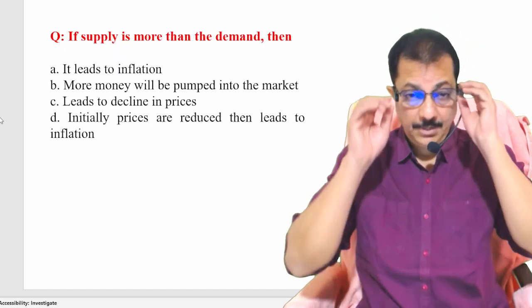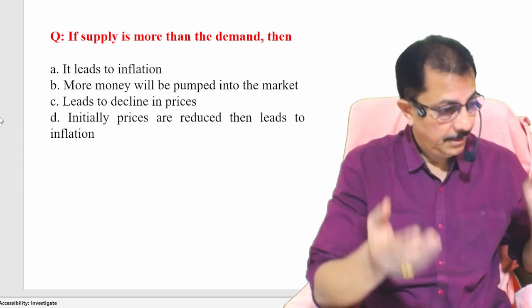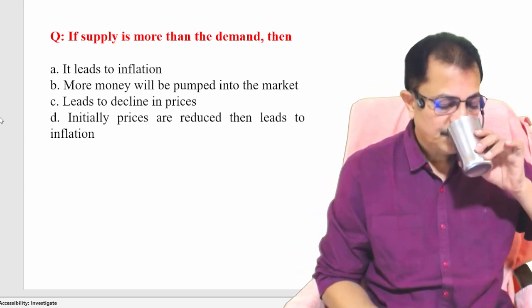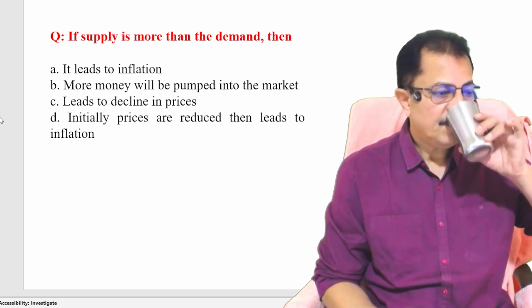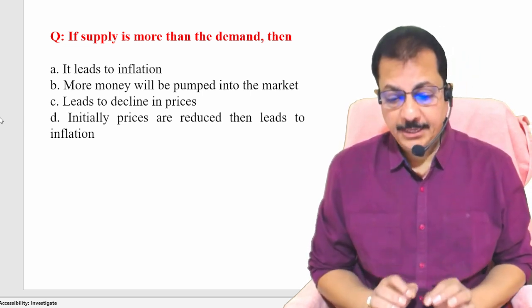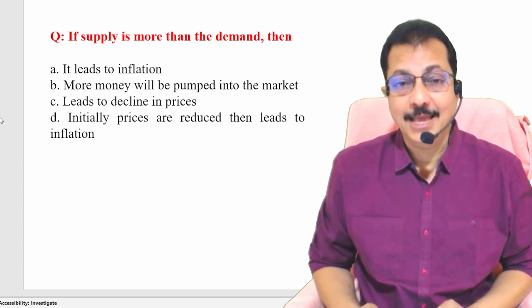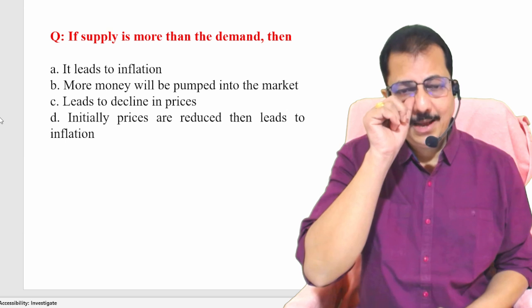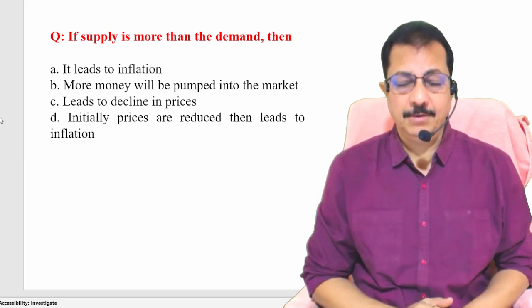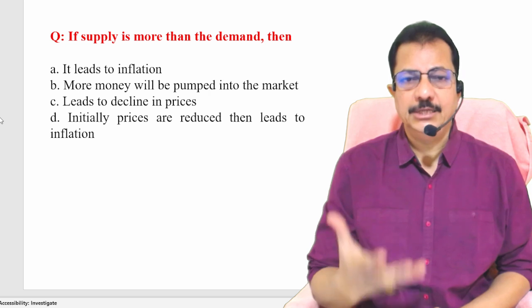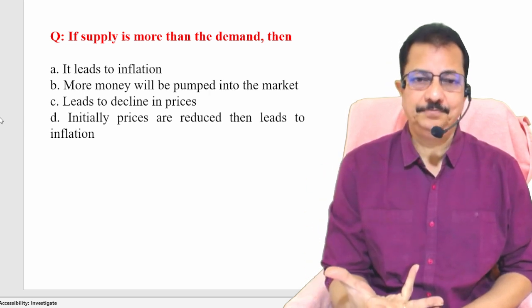Look at this. I have a question for you. You can read the question and answer it. If supply is more than demand, then what happens? Just now I told you, because of the success of the first 5-year plan, agriculture production increased by 20%.